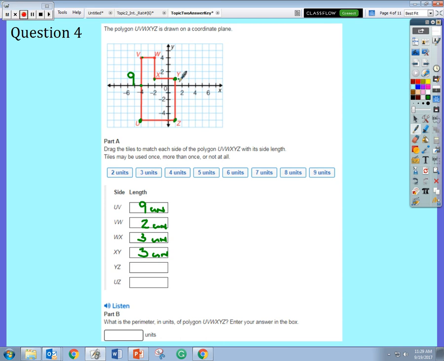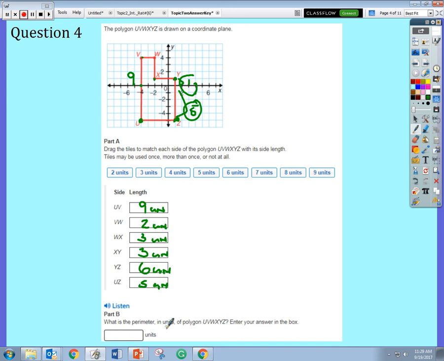The absolute value from here to here is 1. The absolute value from here to here is 5. We combine 1 and 5 and get 6 units. And then finally, U to Z. U is at -4. Z is at 1. The distance between -4 and 0 is 4. The distance between 0 and 1 is 1. 4 plus 1 is 5. So we have 5 units.